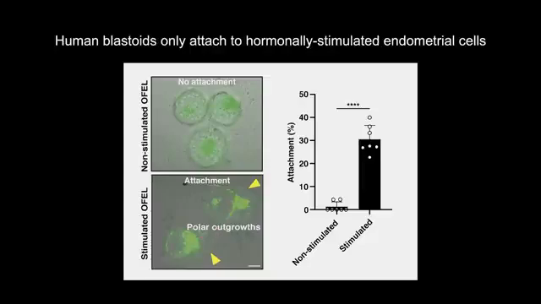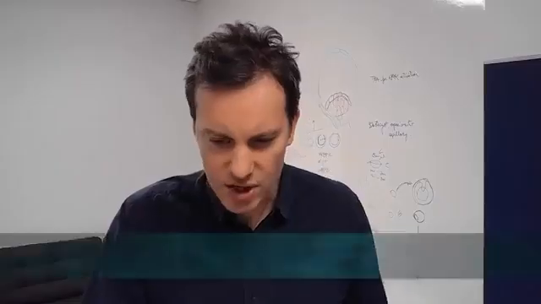And you can see, we had about 30%, now we have more than 40% of the blastoids that are attaching, and they start to grow on the polar side, on the side that is close to the epiblast. And this is exactly what you actually see during early human embryogenesis. So there is a very specific interaction that is happening between the blastoids and the hormonally stimulated endometrial cells.